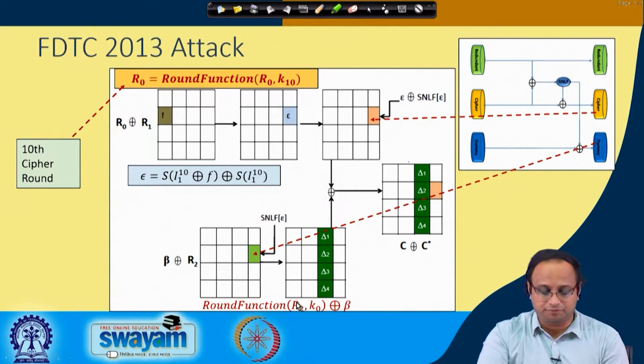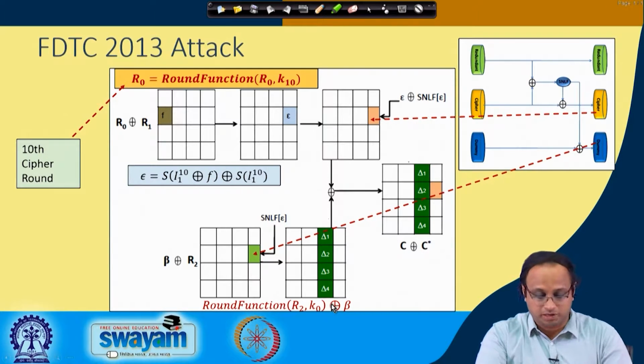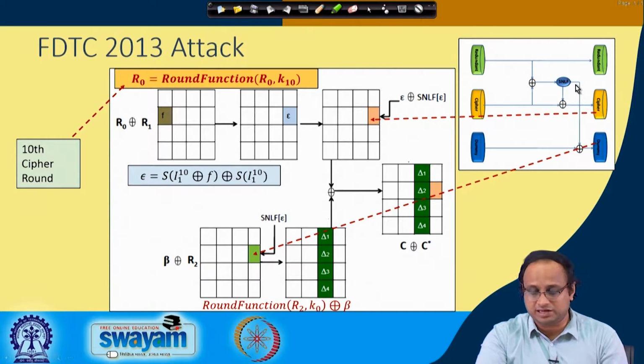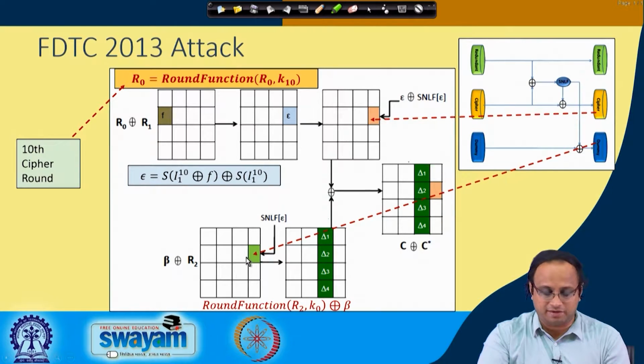Note that if R2 is beta, then this value also computes to beta, and you get beta XORed with beta, and that is 0. But now because of the fault, all 15 bytes have the same bytes as beta, but this byte is different, contaminated with this error which stands for SNLF epsilon, and therefore we have this additional error which we need to accommodate.